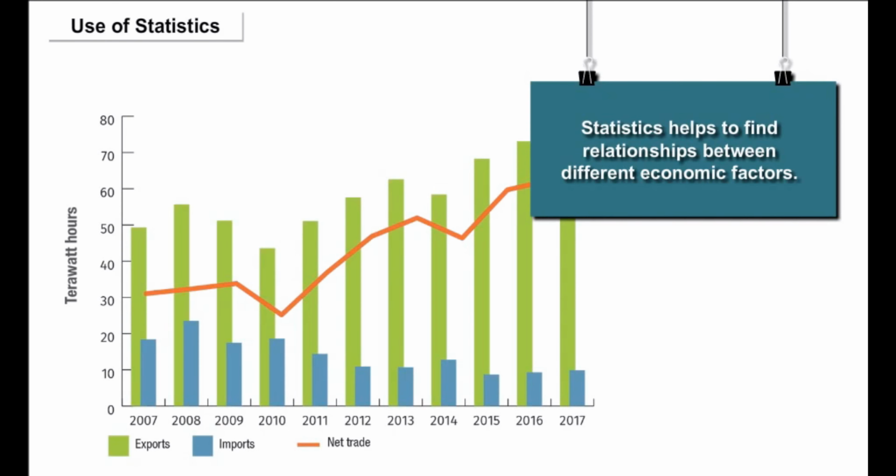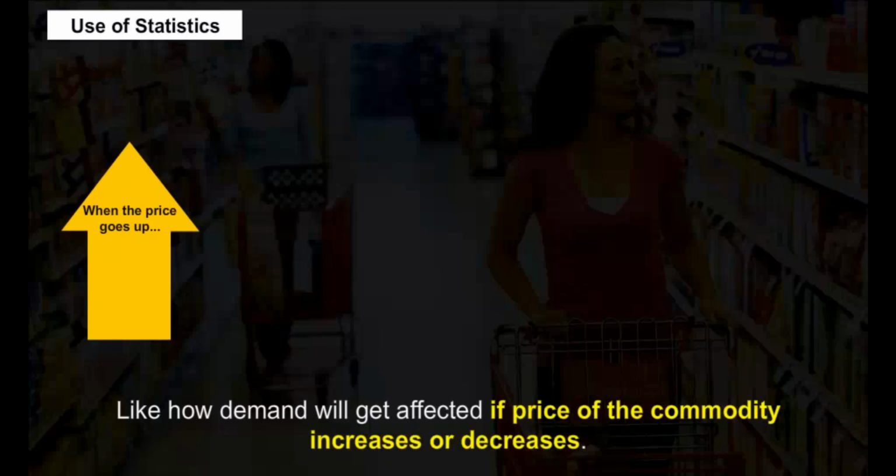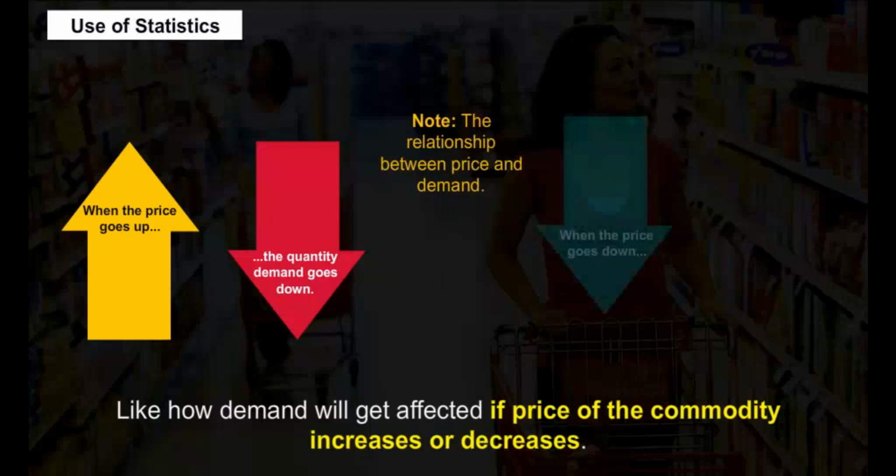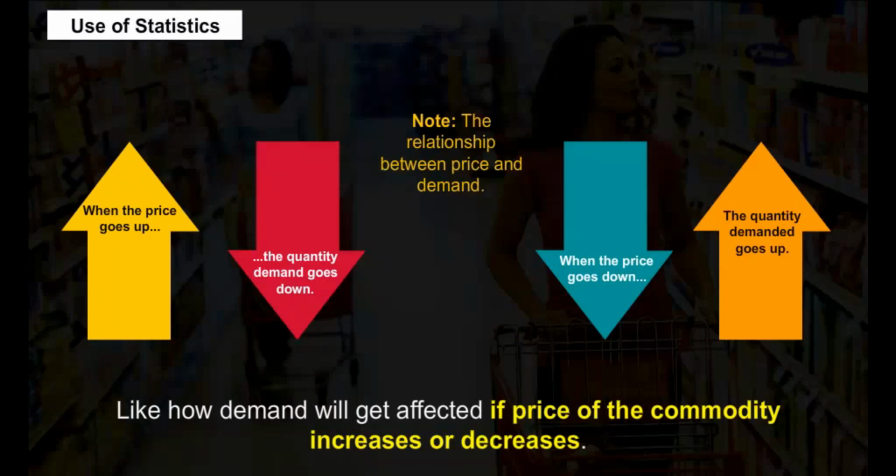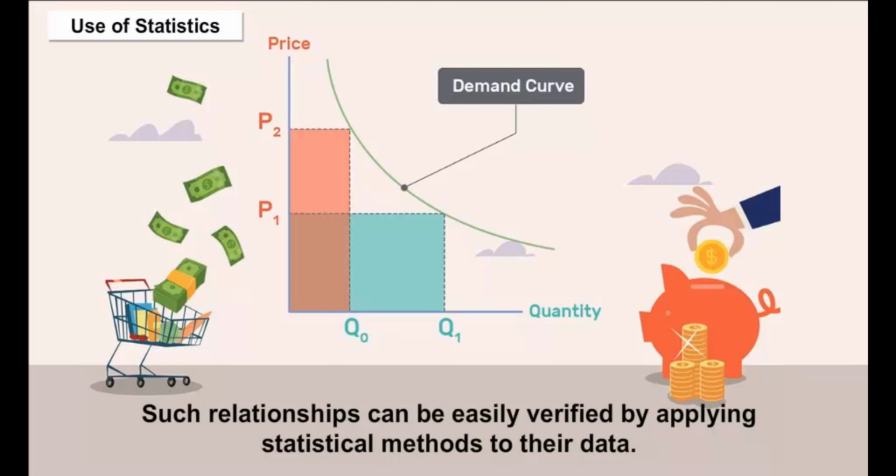Statistics helps to find relationships between different economic factors, like how demand will get affected if price of the commodity increases or decreases. Such relationships can be easily verified by applying statistical methods to their data.